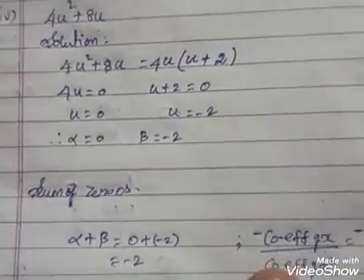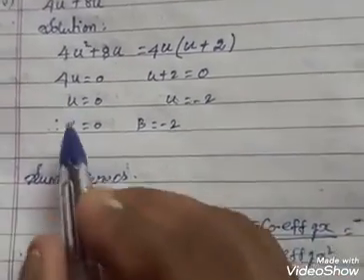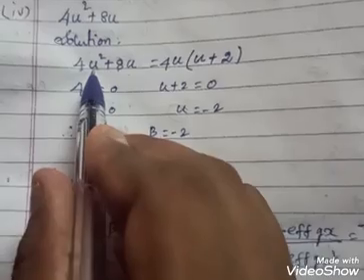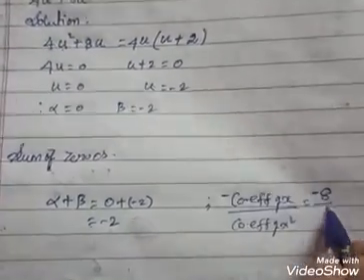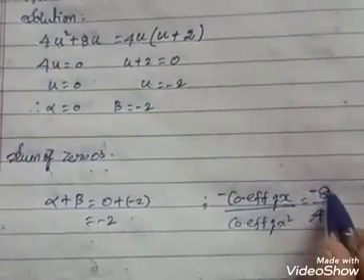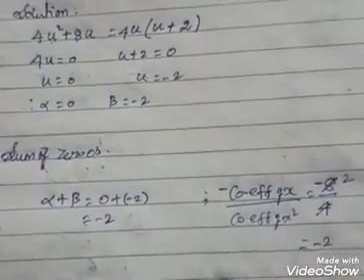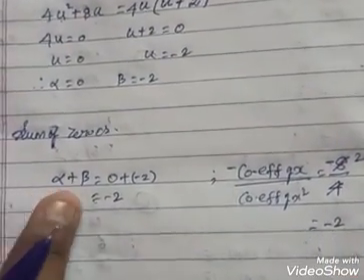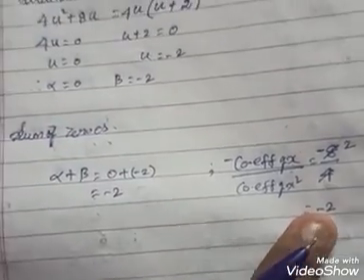And then the coefficient of x square, that means here u square. Instead of x, u is there. So coefficient of u square is 4. So 1 four is 4, 2 twos are 4, which equals minus 2. So the sum of zeros using the zeros we get minus 2, and by comparing the coefficients we also get minus 2.